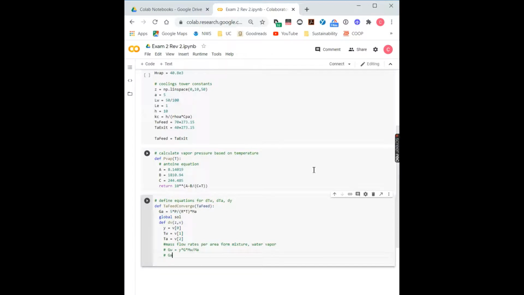We also know that the mass flow per area of the air in the water vapor mixture can be rewritten as 1 minus the mole fraction of the water times the total mass flow rate per area times, in this case, the molecular weight of air over the molecular weight of air.